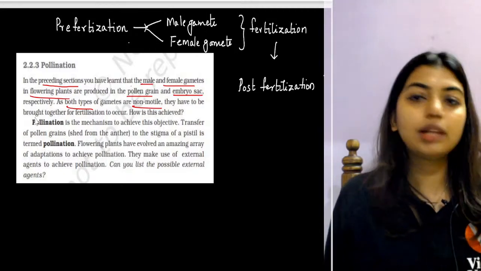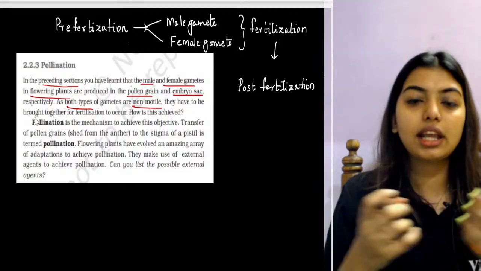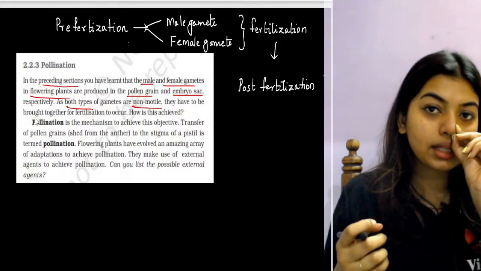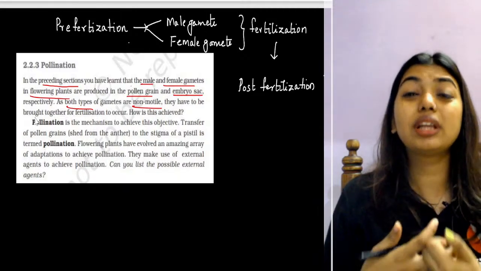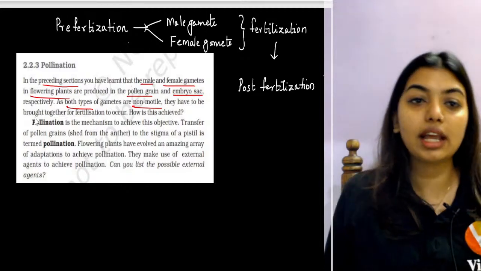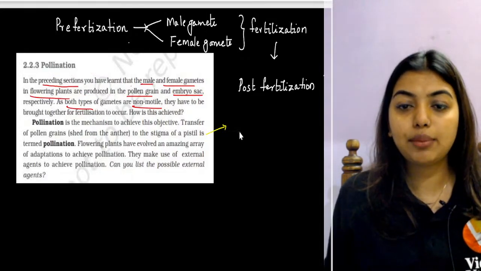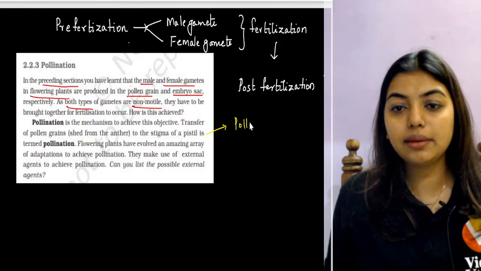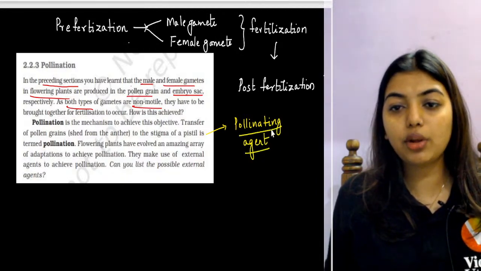Because both of them are non-motile, they will not be able to come together. We need to take the help of an outsider, that is, a pollinating agent, or a pollinator, right?